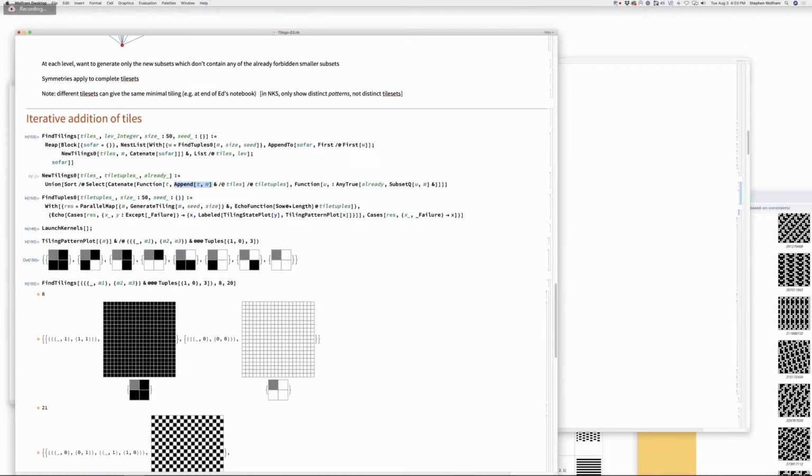It's appending each of the tiles onto tile tuples. Tile tuples is the survivors, the ones that didn't tile. Do you get what I'm saying? Okay, so already is the ones that did tile. Am I making sense? Right.